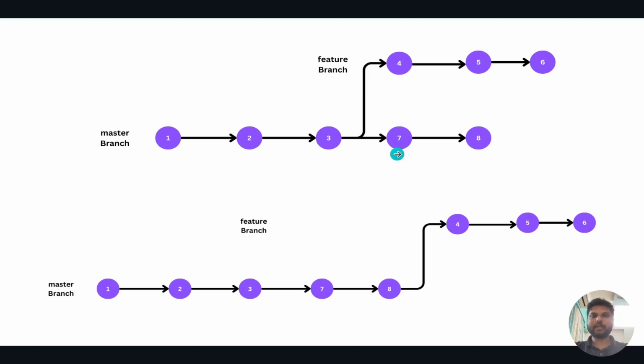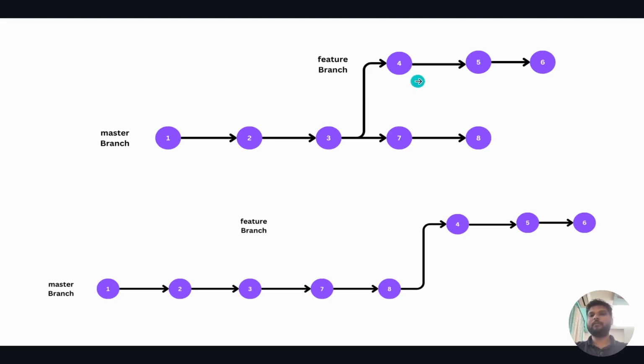After running git rebase master, your feature branch will consider commit 8 as your new base. Rebasing means changing the base from this commit to the latest commit. After considering 8 as your new base, your changes will be applied on top of that 8.